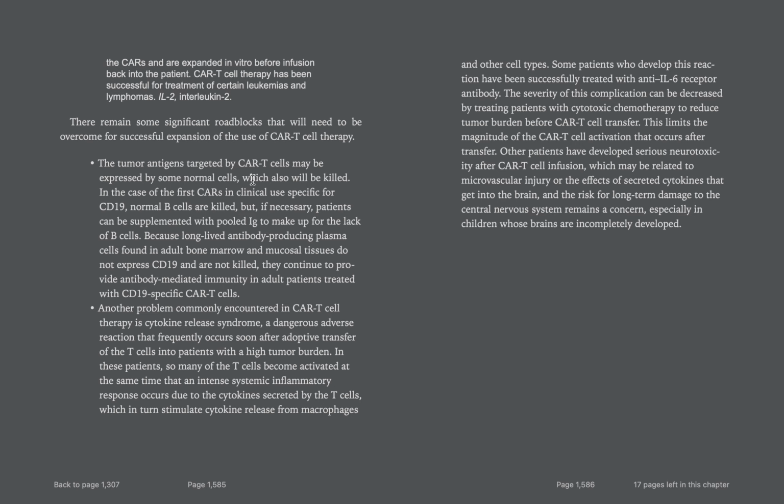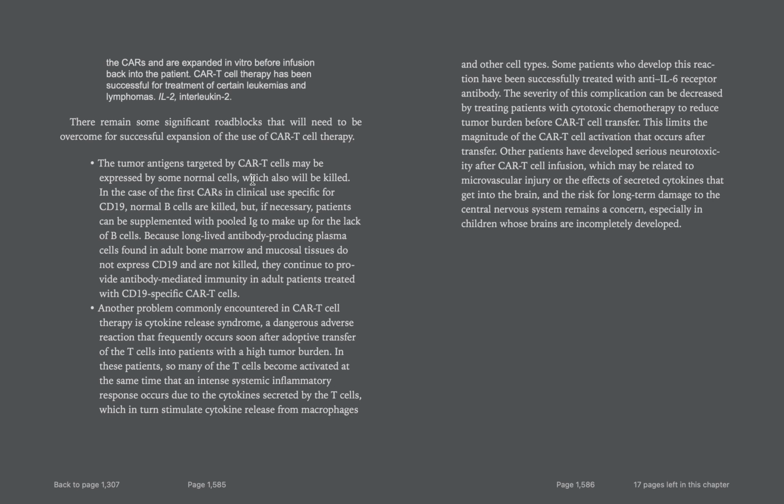Some patients who develop this reaction have been successfully treated with the anti-interleukin 6 receptor antibody. The severity of this complication can be decreased by treating patients with cytotoxic chemotherapy to reduce tumor burden before CAR cell transfer. This limits the magnitude of CAR T cell activation that often occurs after transfer.